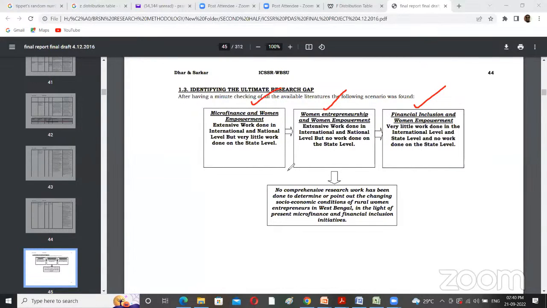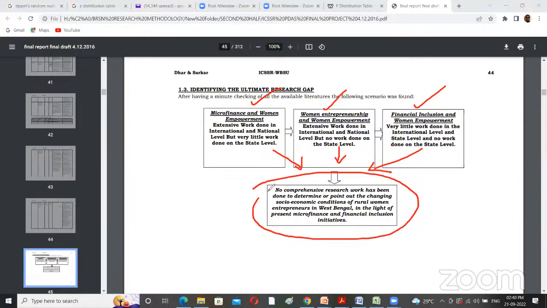And just like a mathematical formula, the ultimate research gaps are found and combined together to find out the ultimate research gap, that is, no comprehensive research work has been done to point out the changing socio-economic conditions of rural women entrepreneurs in West Bengal in the light of present microfinance and financial inclusion objectives.